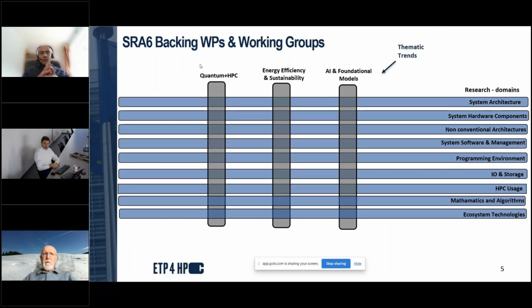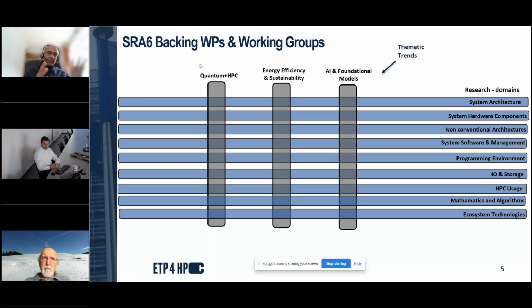So what are these white papers and working groups? For every working group, there is a corresponding white paper. There are going to be 13 white papers corresponding to these research domains and thematic trends. The research domains correspond to various topics in HPC, like system architecture, which you're going to hear more about today, and we hope to cover all these research domains in upcoming webinars.